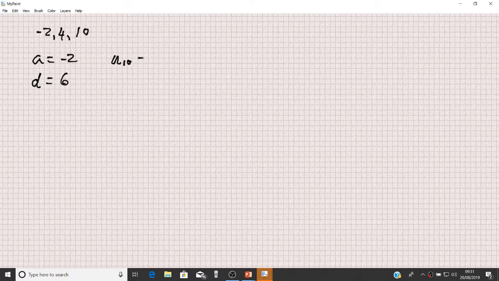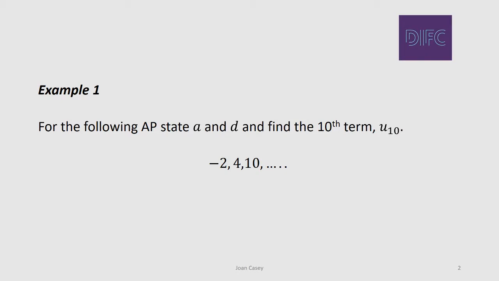So we know from our formula that should be A, which is -2, plus n minus 1, that's 9, times D, which is 6. So 9 sixes are 54, minus 2 is 52. So that's the first example complete. U10 is 52. Let's take a look at another example now.